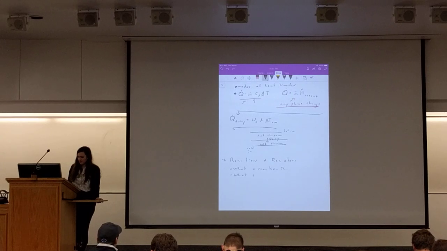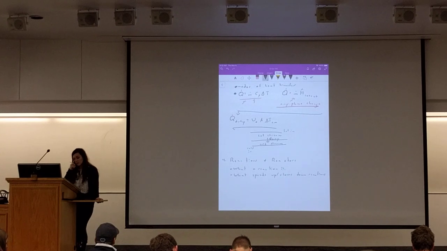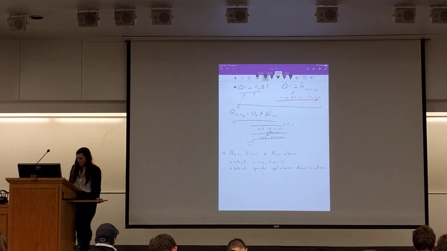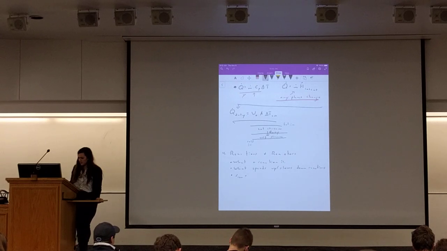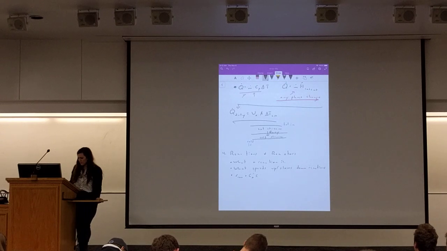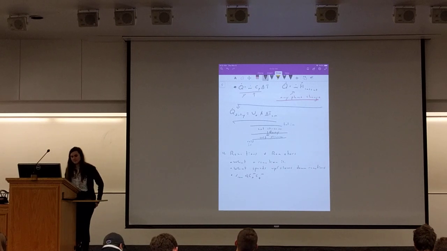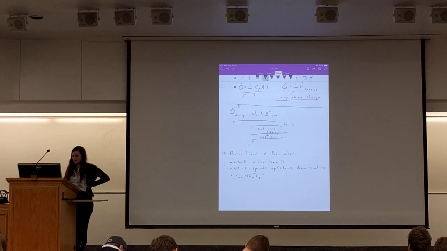What speeds up, slows down reactions. We learned of rate laws of this form. Like that. Okay, so review.